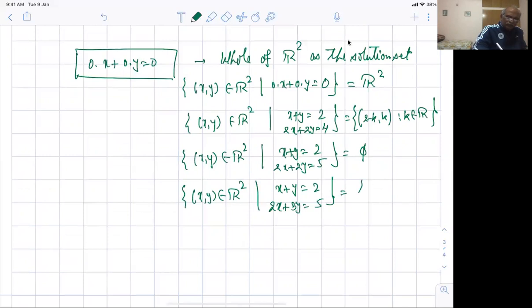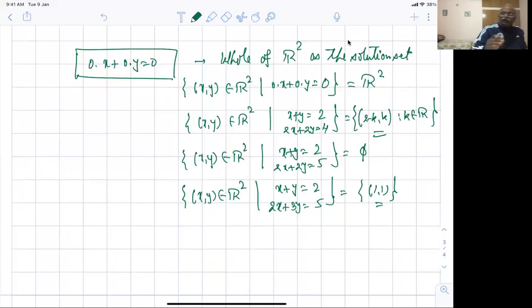So the solution set is (1, 1). You can see that I'm writing like this, even though we are saying they are vectors, just to save space and the way you are used to. But when I come to matrix multiplication and the whole theory, they will be column vectors. I'll be very particular about those parts. Fine. So let's try to understand what exactly I'm doing here. That's very, very important for us. Fine. So I have done this.